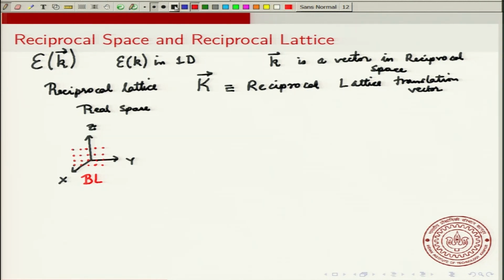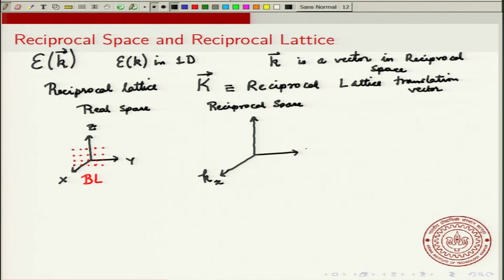Now, in reciprocal space, it's actually exactly the same thing. I mean, it's pretty much identical.